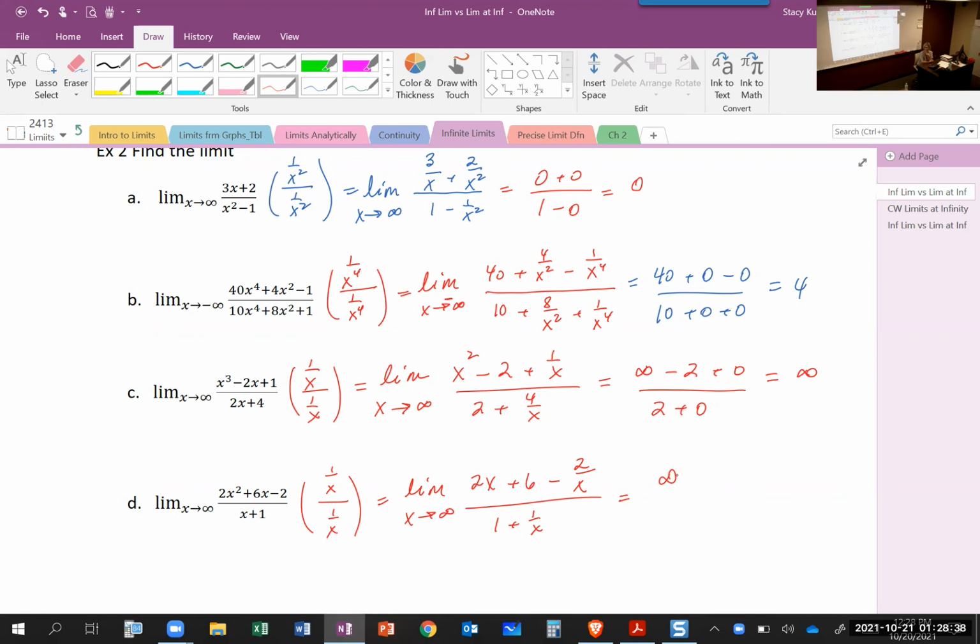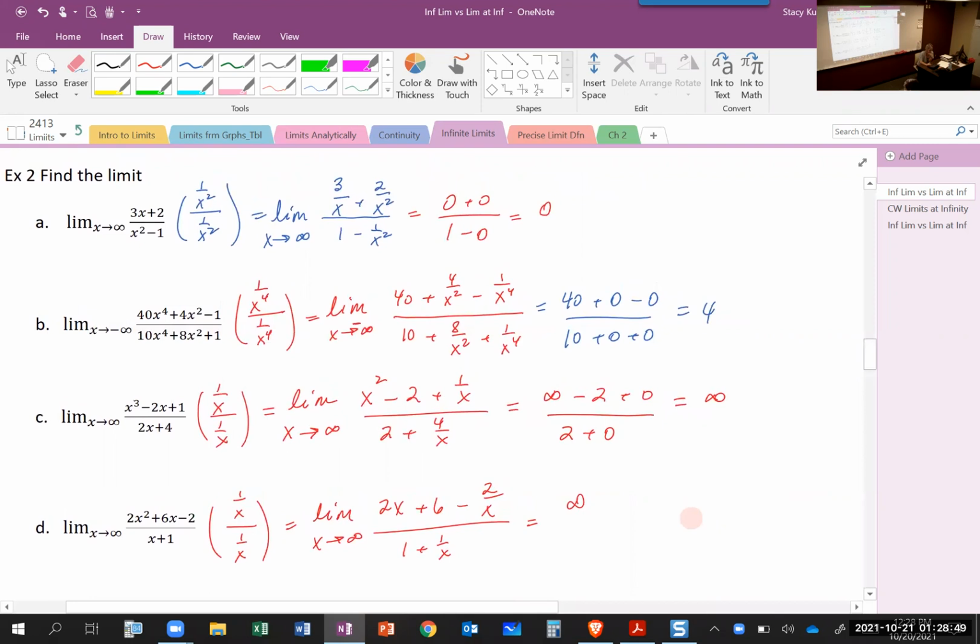Okay, did you get infinity for that next one? Mhm. Now, let's take a second and go back and think about our rules that we remembered from a couple of weeks ago, right? So we have rational functions, and let's talk about those horizontal asymptotes.